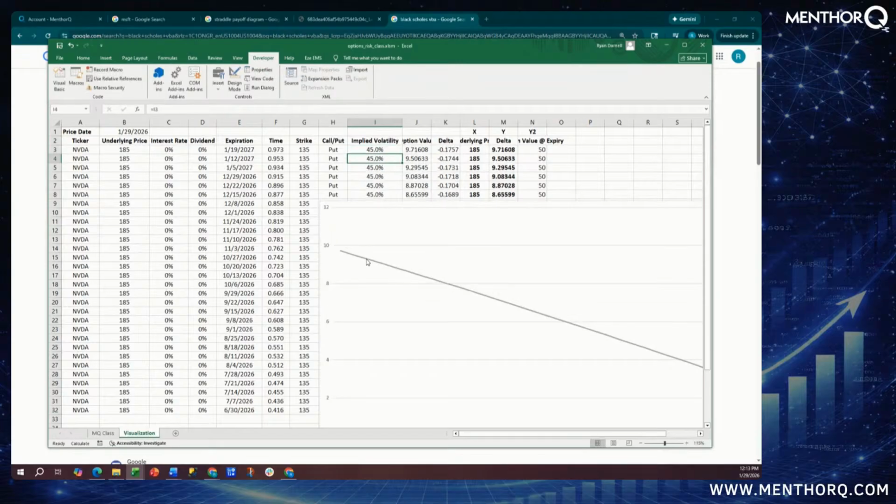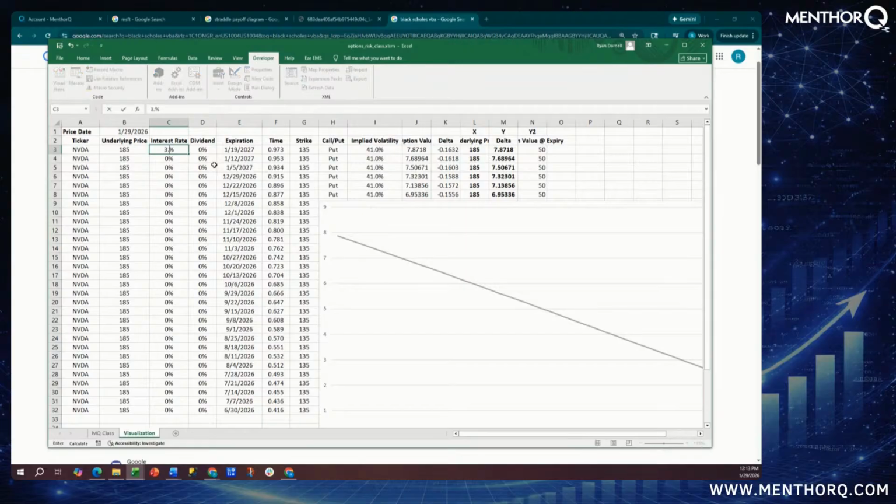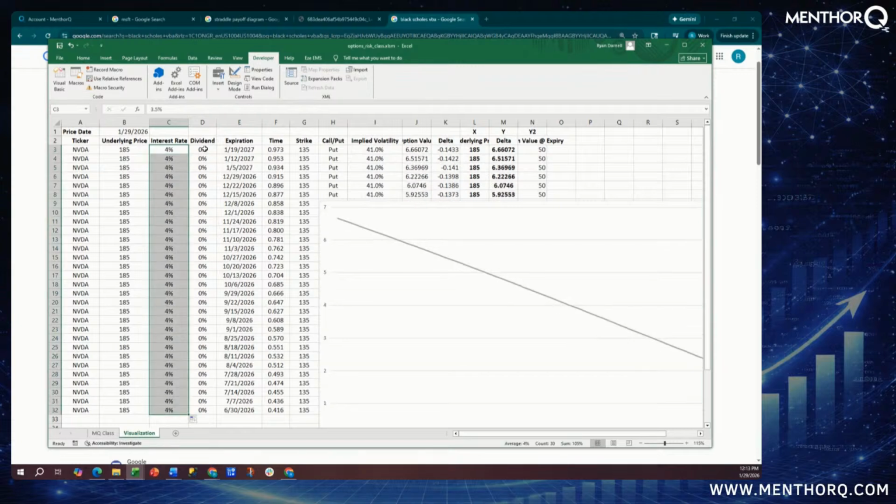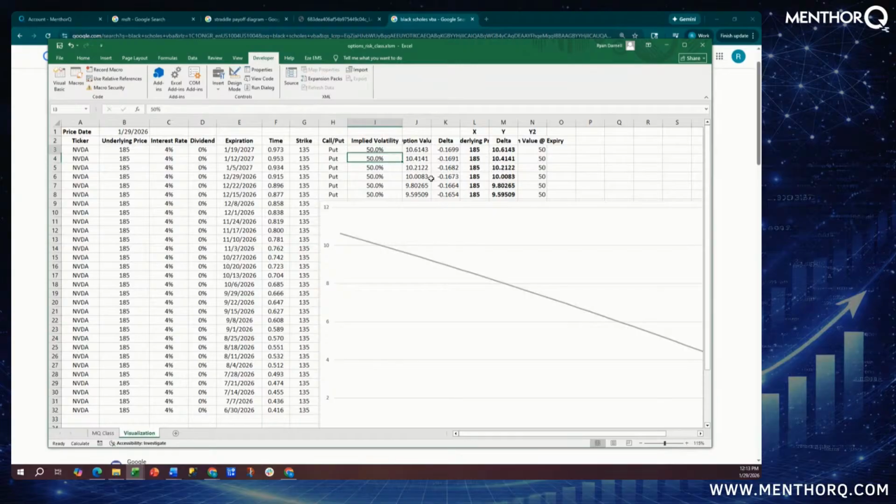Yeah, so I was able to buy it closer to 41. So I was able to buy the 135 put on NVIDIA. Obviously, this doesn't have an interest rate, but so I guess volatility was a little bit higher. No.